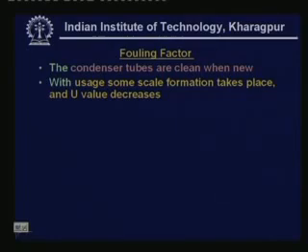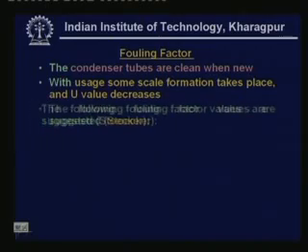Scale formation can take place both on the water side as well as on the refrigerant side, but most of the time the scale formation is mainly on the water side, and as a result of the scale formation, additional resistance to heat transfer is created, and because of this the value of the overall heat transfer coefficient decreases.